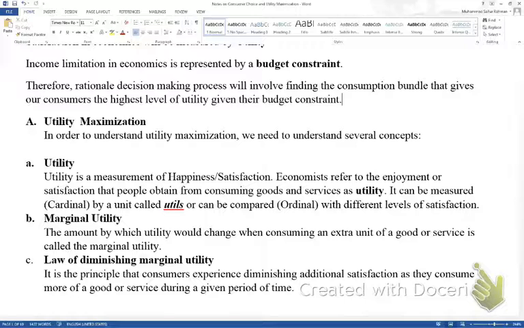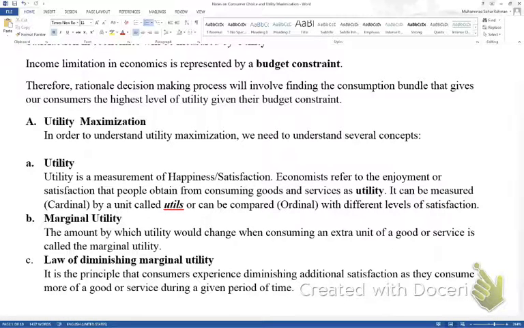There is a lot of debate about what utility is and what utility represents. Some people think that utility is a unit of measurement for satisfaction. So just like you use liters to measure milk, you can use some kind of unit of measurement to measure your level of satisfaction. This is called a cardinal measurement of utility, where utility can be measured by this concept called utils. Then there are other people who argue that satisfaction really cannot be measured.